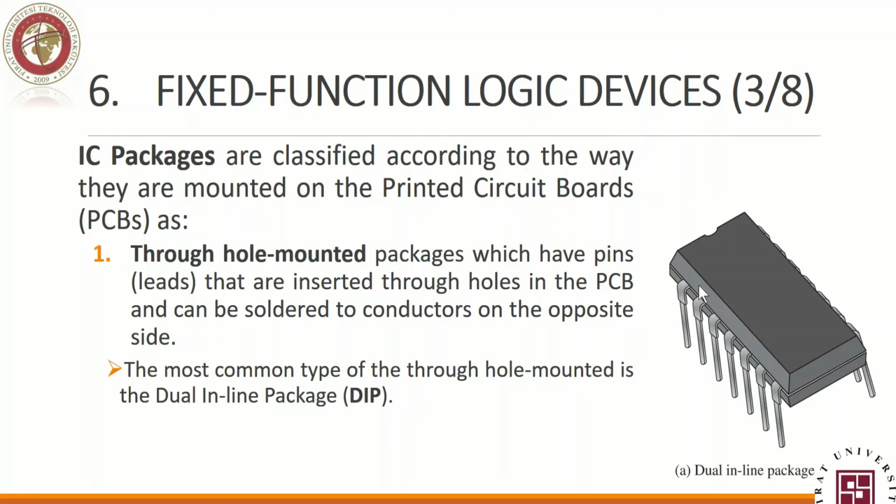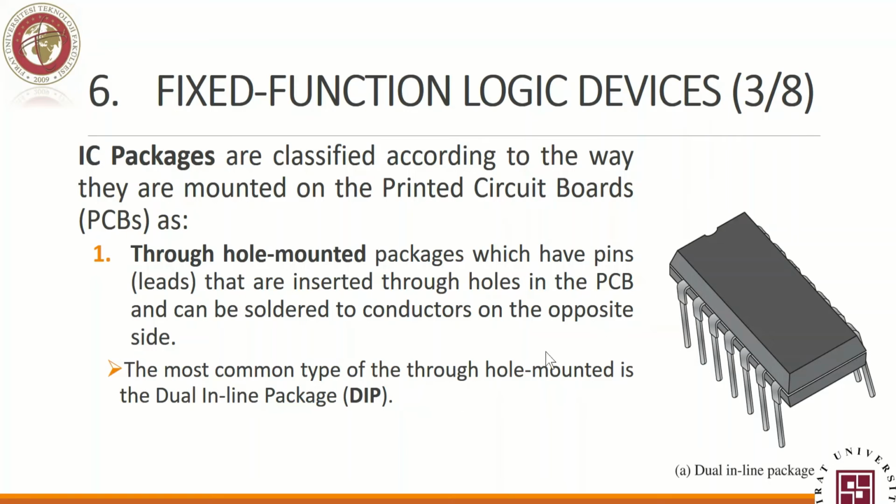You can buy them and design your own device based on whatever the fixed function or programmable function logic or whatever you want to add to them. But in this case, the through-hole mounted, we need to pass this pin inside the hole and cut it from the other side, and then use some soldering functionality to attach it properly to the board.